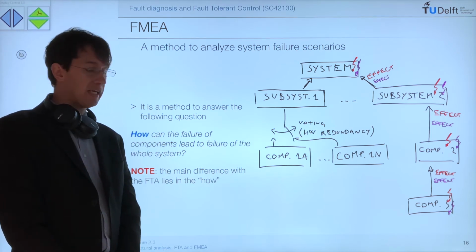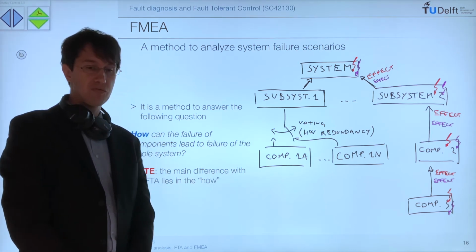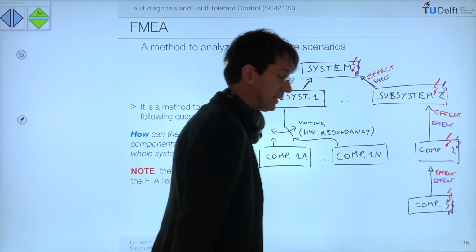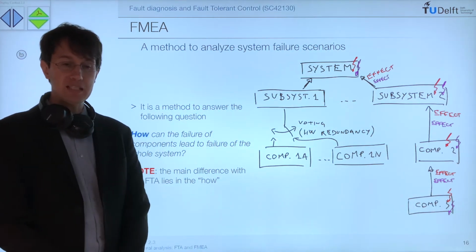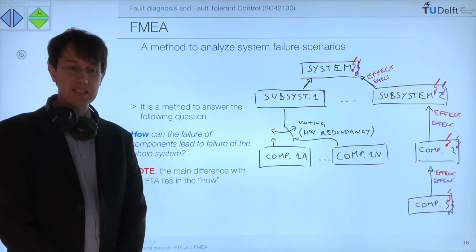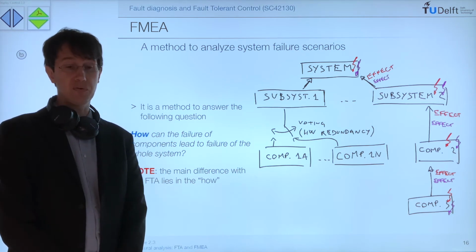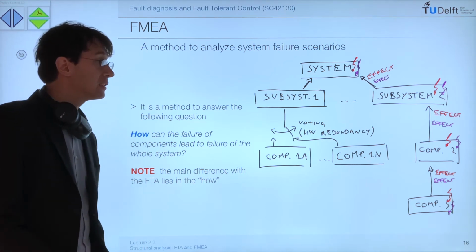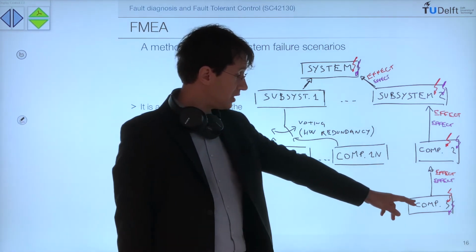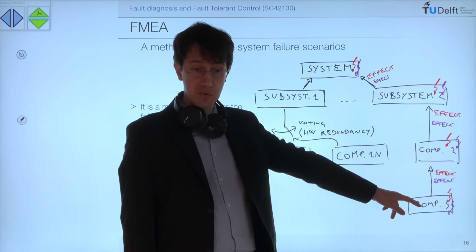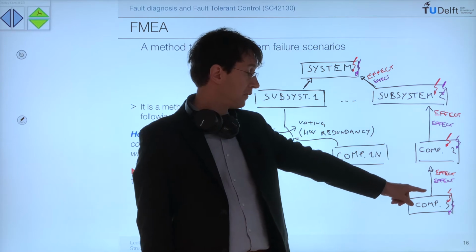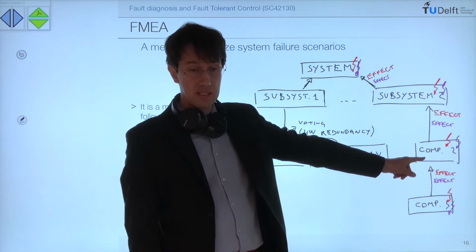So the FMEA is propagating upwards not just the health status, but the presence of a given fault and the effects that this fault has on other components. So for instance, we have this component here that can fail in two different ways, and these two different ways are leading to two different effects on the other components at higher level.